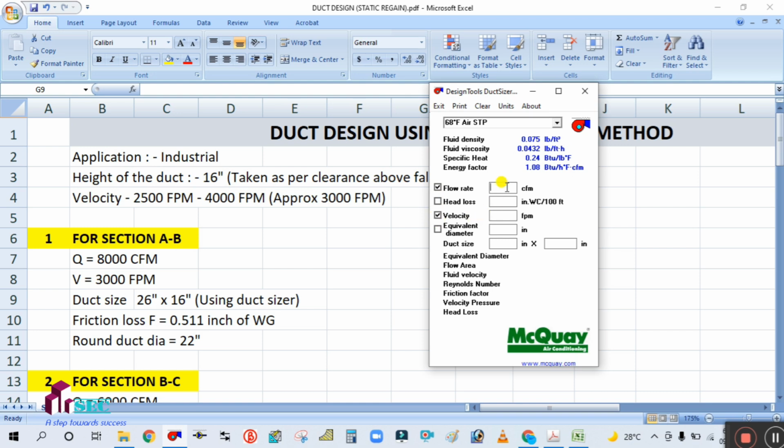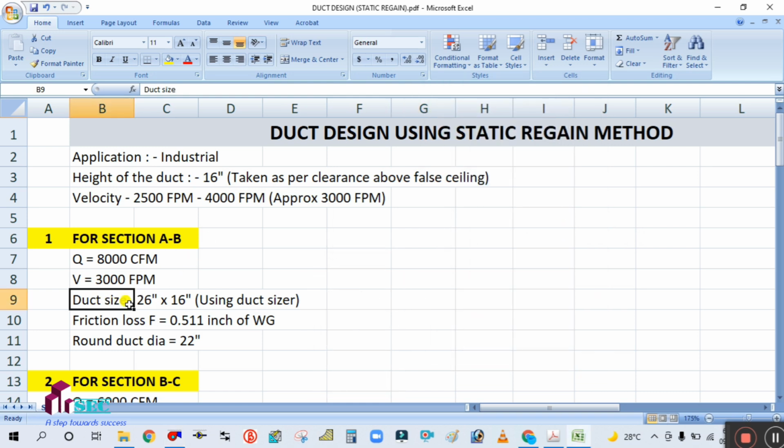Enter the flow rate here, and the velocity is given here, 3000 feet per minute. Then enter the height. You can assume any one; I am assuming the first one is height and the width is automatic. Enter the height of the duct, 16 inch, and you get a 26 inch width. So this is the duct size: 26 inch width by 16 inch height.